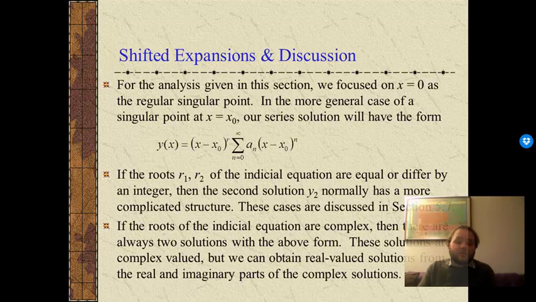Repeated roots, just like when we were dealing with repeated roots in Euler type equations, you multiply by natural log x. But in a lot of these cases, just to be on the safe side, complex value stuff still works the same way as before, but you're going to be dealing with some of the easier and more straightforward stuff.